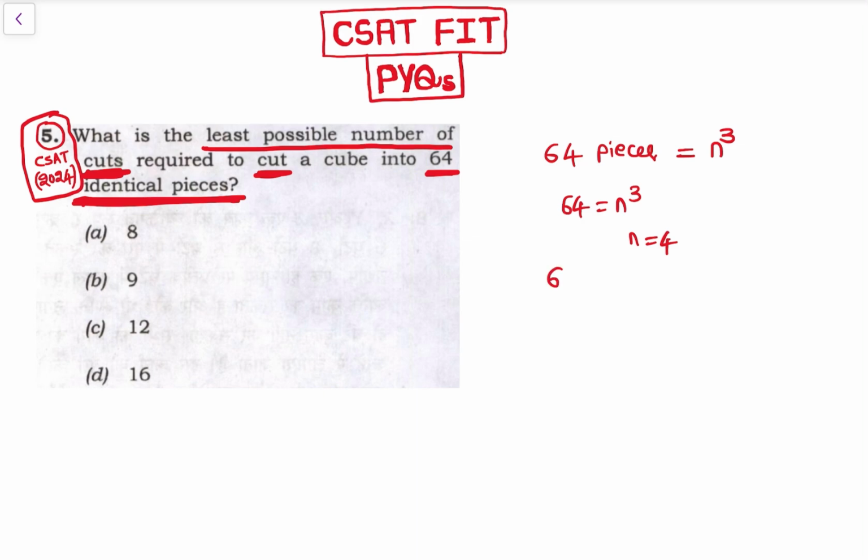So n is equal to 4. 64 is equal to 4 into 4 into 4. So the value of n is 4, right? That means there are 64 identical cubes and the value of n is 4.